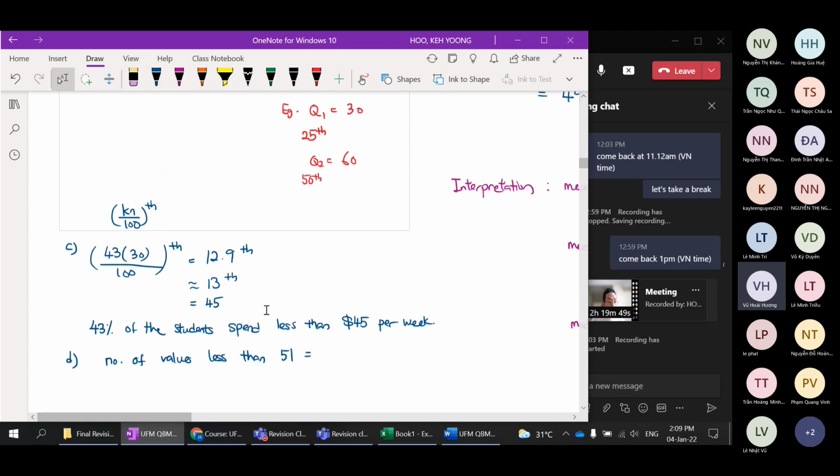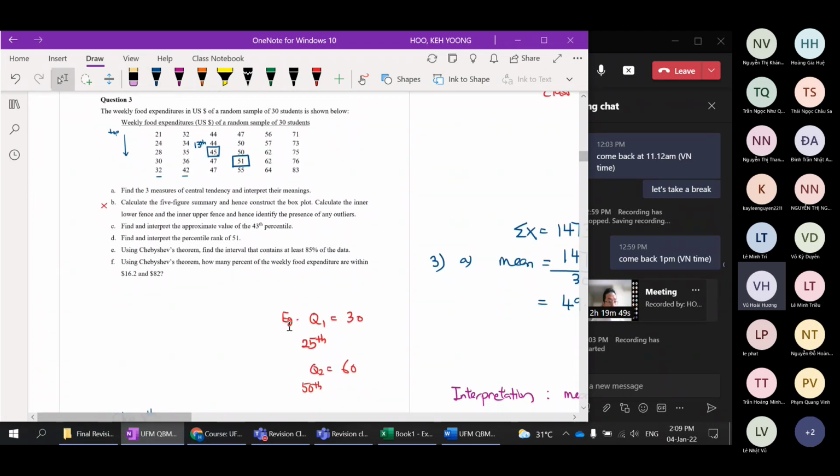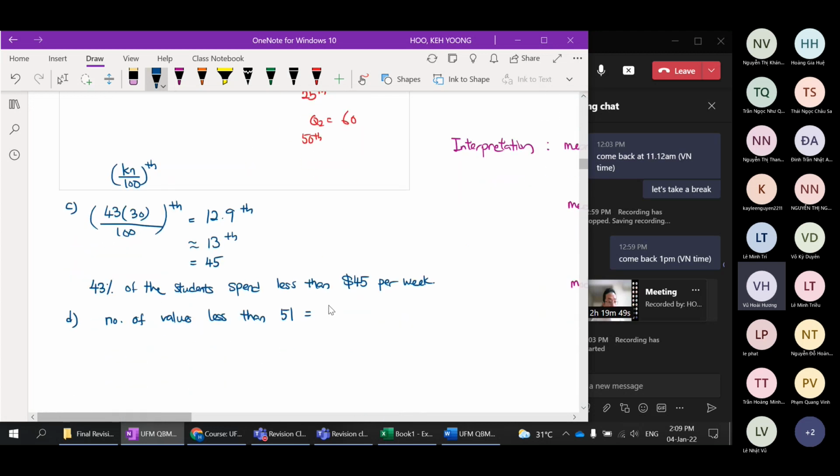How many values are there less than 51? The first three columns already have 15 values. So 15, 16, 17, 18. So there are 18 values less than 51.